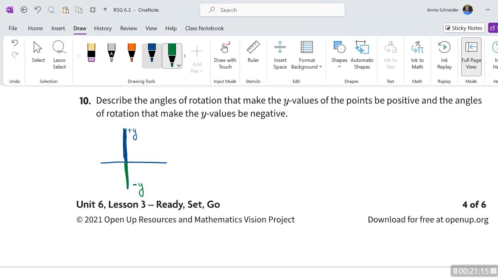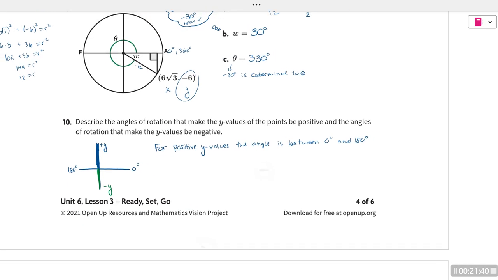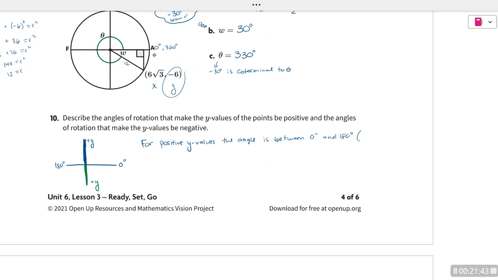So basically, for positive y values, the angle is between 0 degrees and 180 degrees, right? 0 degrees is here, 180 degrees is here. And that's in degrees, or we can say 0 and pi radians.